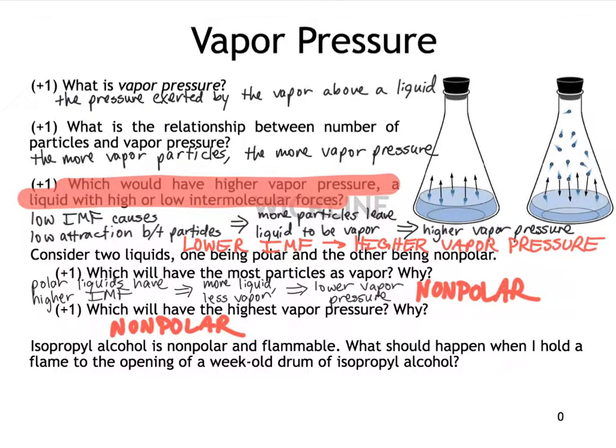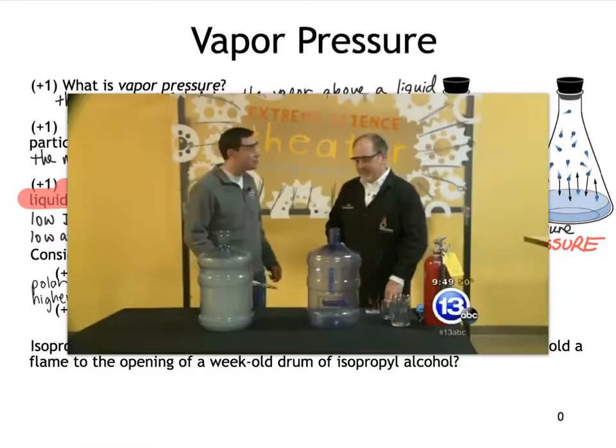What should happen when I hold a flame to it? If it's both high pressure and flammable, what would you predict would happen? I don't want to leave you in suspense. I'll try to do this demo for you tomorrow, but here's a video showing just what I mean.